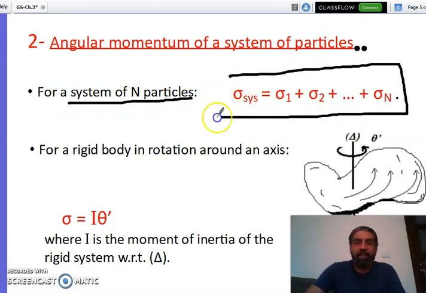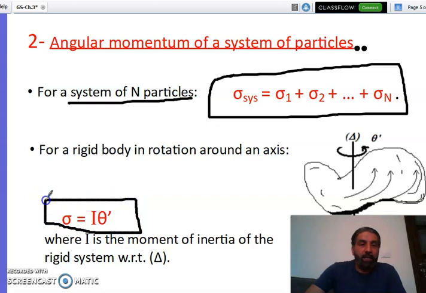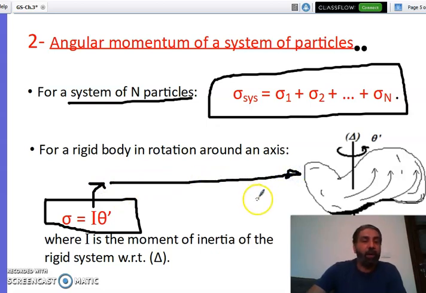Sigma of the system is sigma 1 plus sigma 2 plus etc. for the whole particles. And in the case of a rigid body, sigma equal I theta prime, but here I is the moment of inertia of this body, this system, not of a particle, so it has a special rule. So every rigid body has a special value of I, and it is always given in the exams.